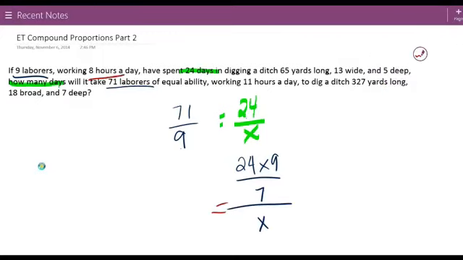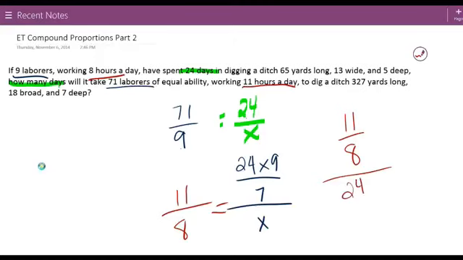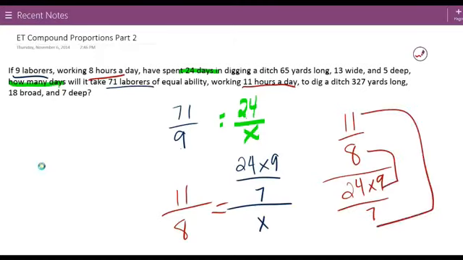Oh, 8 hours a day and 11 hours a day. Again, if you're going to be working 11 hours a day, it should take you less time to do something than if you're working 8 hours a day. So 11 hours is going to go on top. Okay, so if we remember our means and extremes, these are going to go together and these are going to go together.